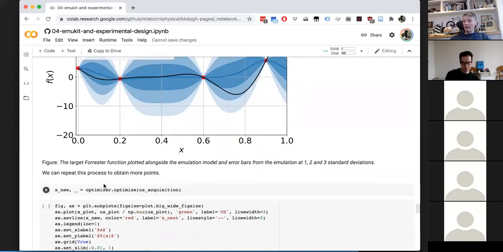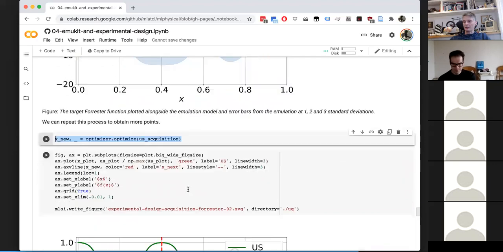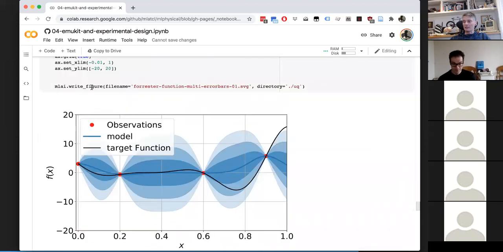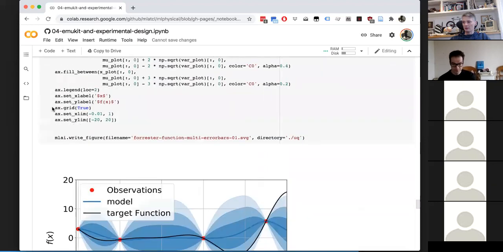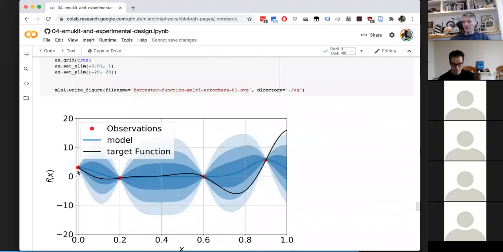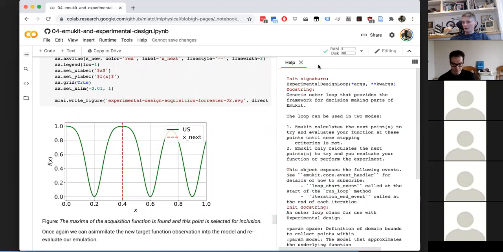And then here we're explicitly calling the acquisition function to optimize. So once we've got that new update, it's now picked this point, right? So now after that acquisition, it's choosing to pick the next point.